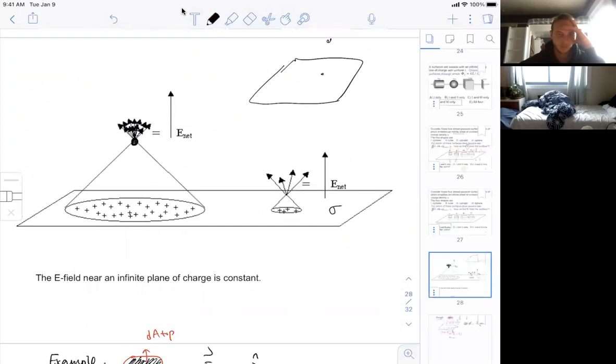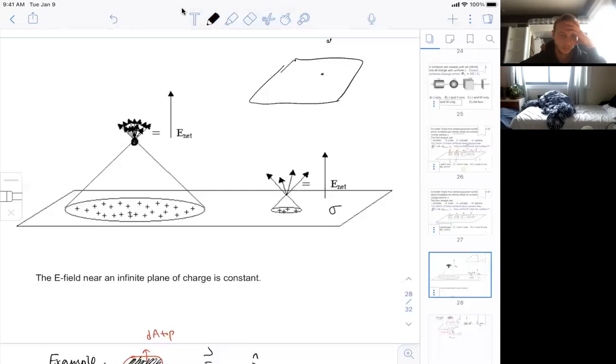So let me ask you this in a different way, meaning that E is a constant on the surface, meaning that you can shift your point to the left or to the right, forward, backwards. It's not going to change your value. Do you think so? And if yes, why? Why can we make such an argument?